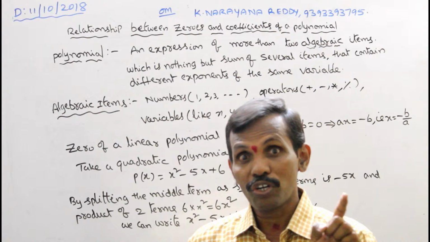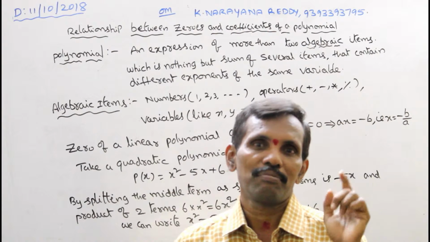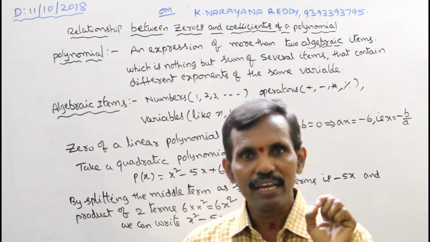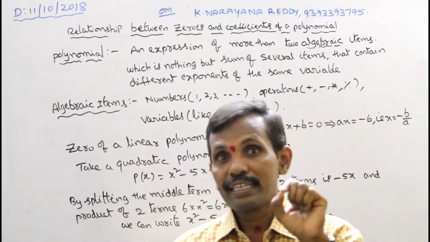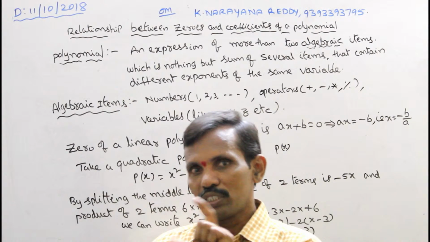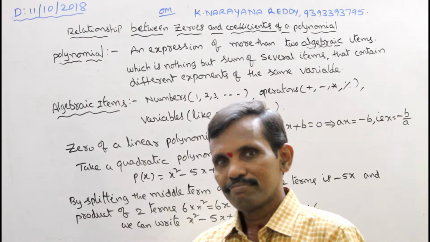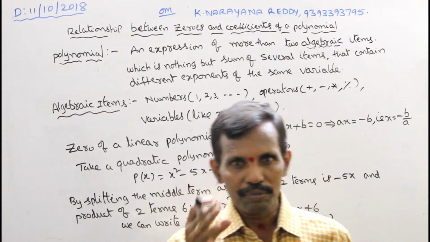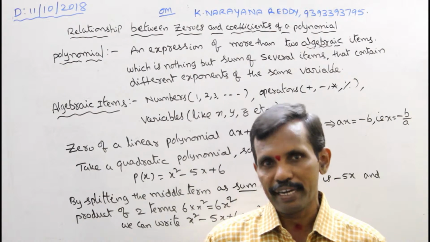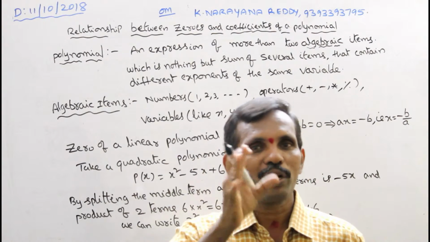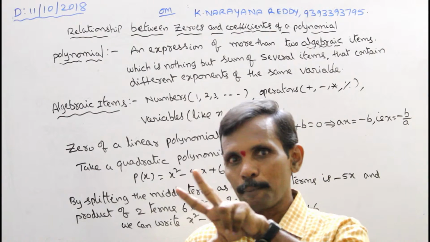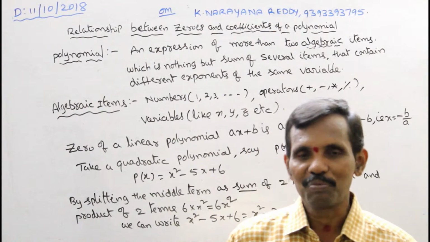A polynomial does not contain a single item; a polynomial necessarily needs minimum two items. So the expression has minimum one algebraic item, but a polynomial has minimum two items. There is a difference between an expression and a polynomial.